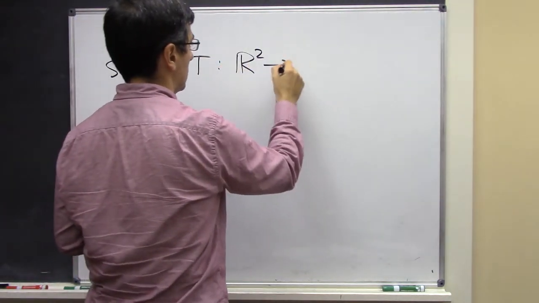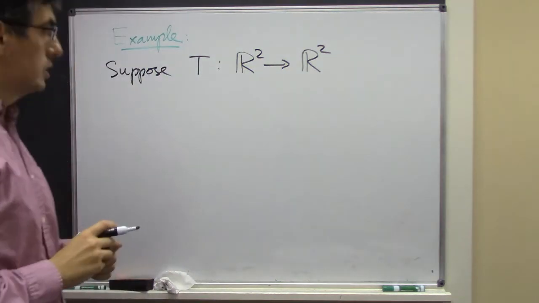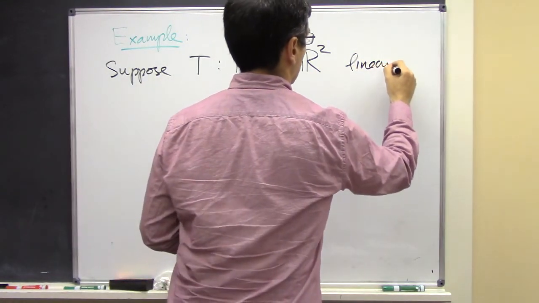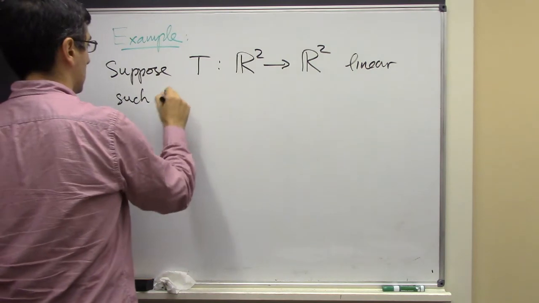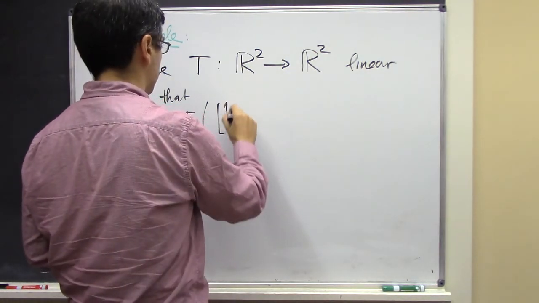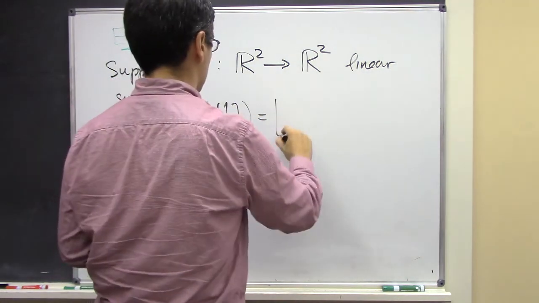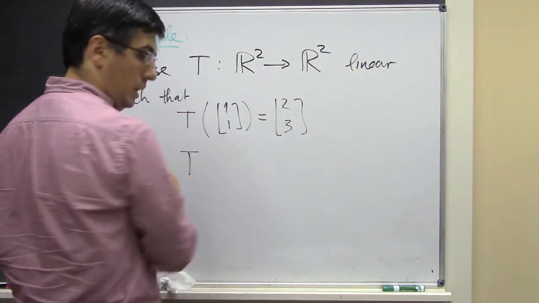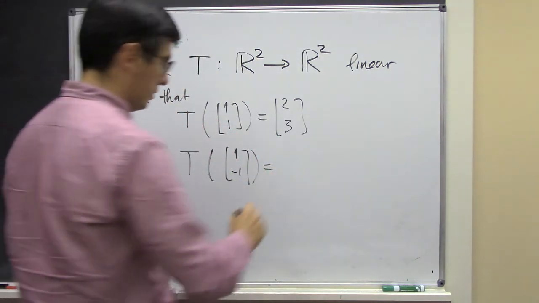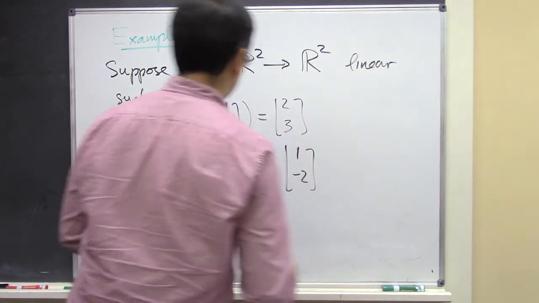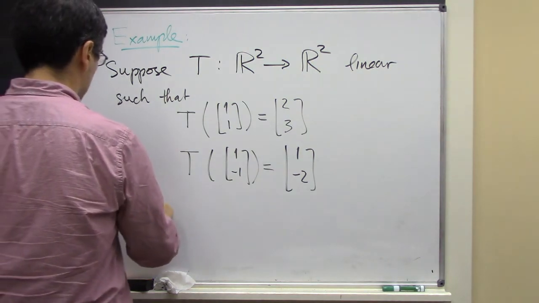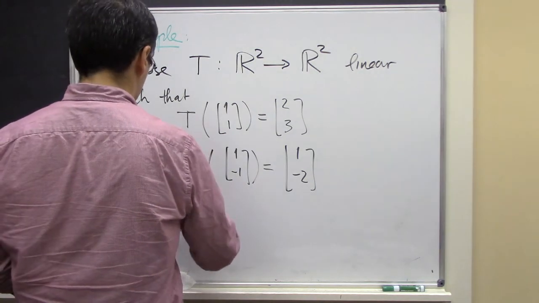Suppose T is a linear transformation from R2 to R2 such that T(1, 1) is equal to (2, 3), and T(1, -1) is equal to (1, -2). Again, the question is to find T(4, 0).